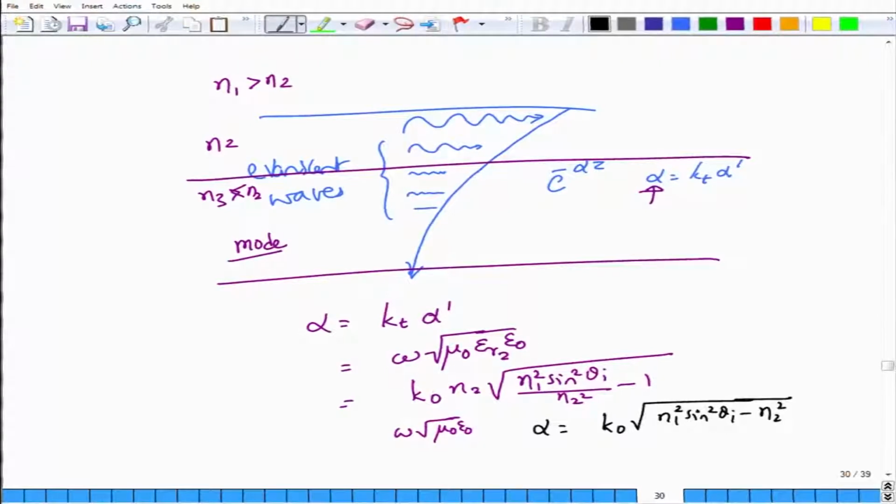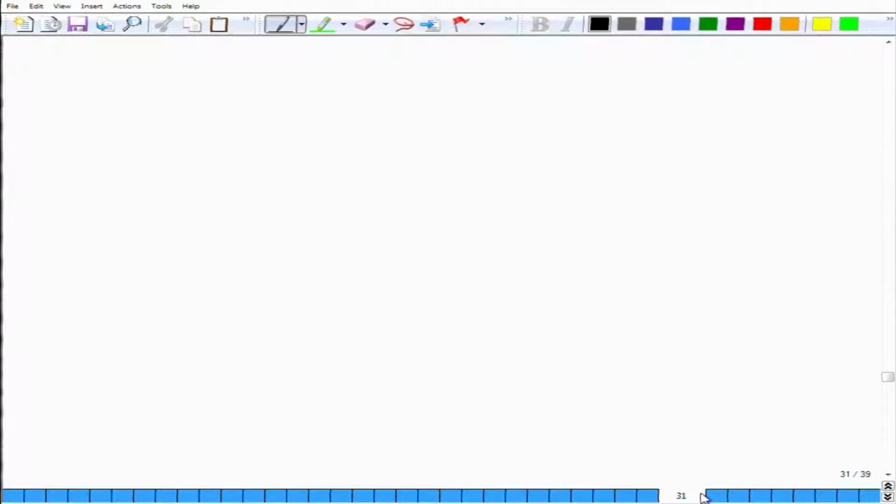So this is the value of alpha that we were looking for, which corresponds to how quickly the fields are falling off in the evanescent region. So this completes our analysis of evanescent waves and total internal reflection.